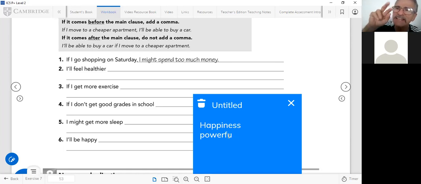What is the letter that has to be repeated in order to transform this noun into an adjective? The letter which is repeated is letter L. Can you read it, please? Powerful.